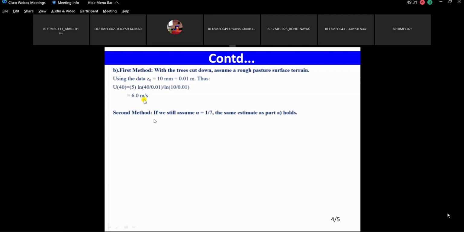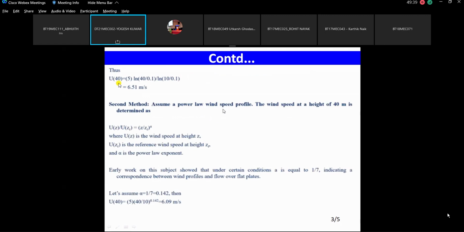And if we use the power law, we still assume alpha equal to 1 by 7. So we get the same value for U40, 6.09 meter per second.